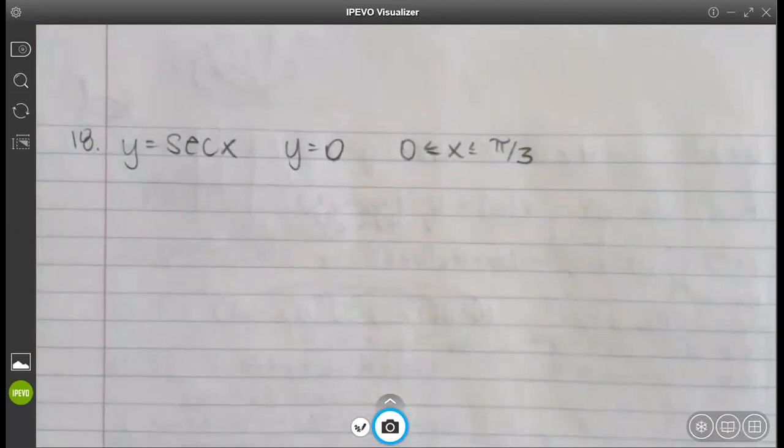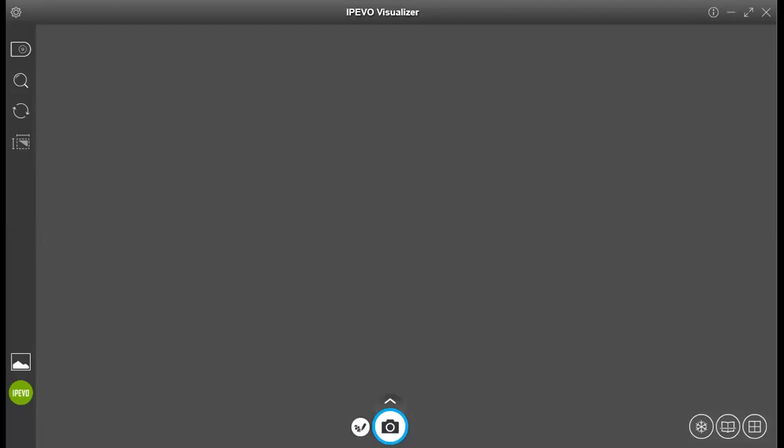Problem is, what is secant? On Desmos, I can type that in. I can just type it in as secant. What is secant though? It is 1 over cosine, so if you need to write that down, that would be how you put it in your regular calculator. Y equals 0.